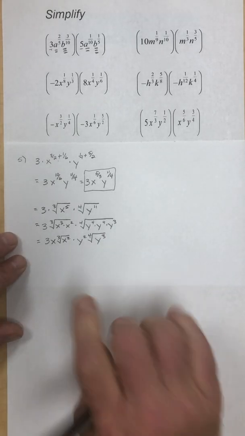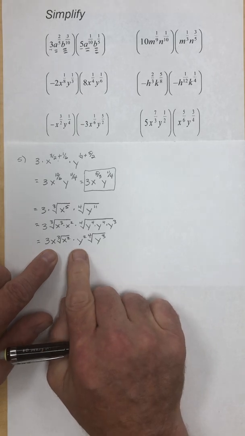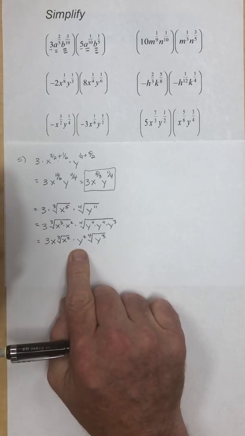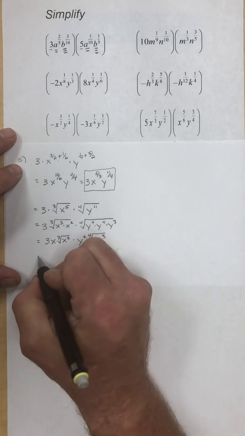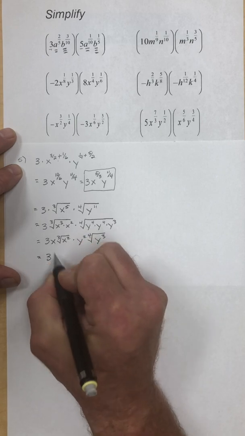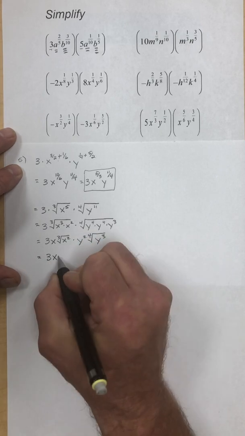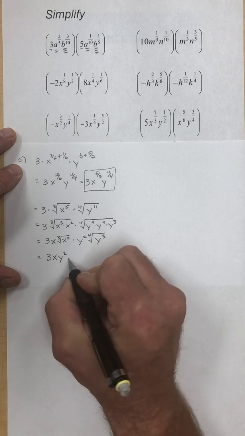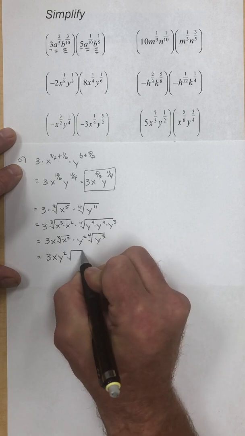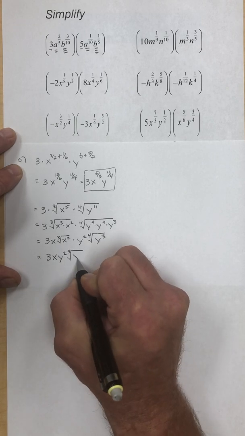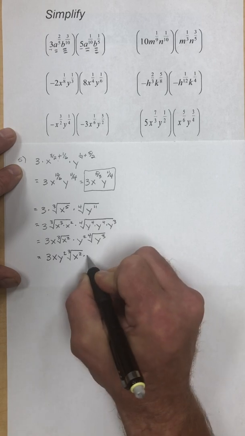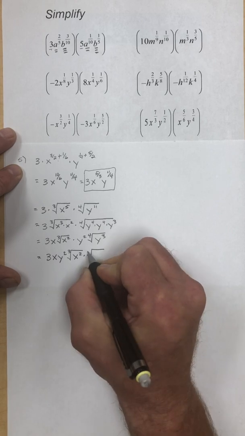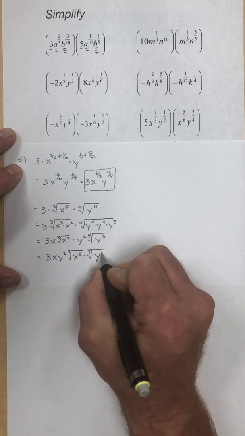Then we have things that are not part of the radicand, so we can move those out front. So I would get 3, an x, and a y squared, times the cubed root of x squared times the 4th root of y cubed.